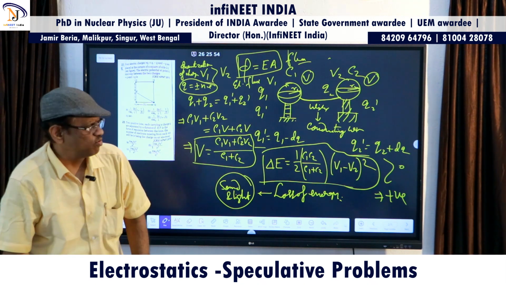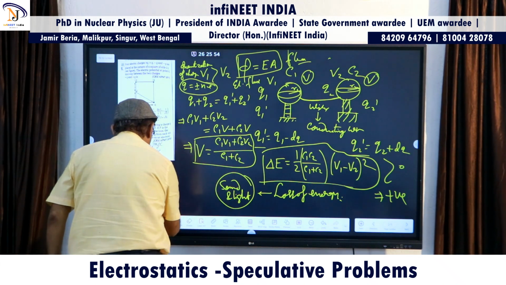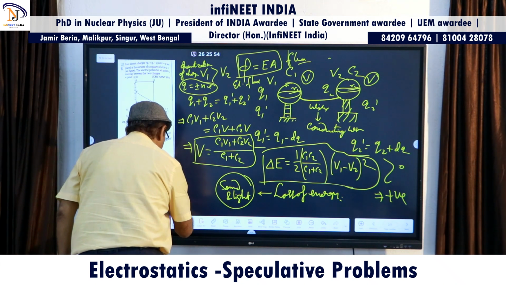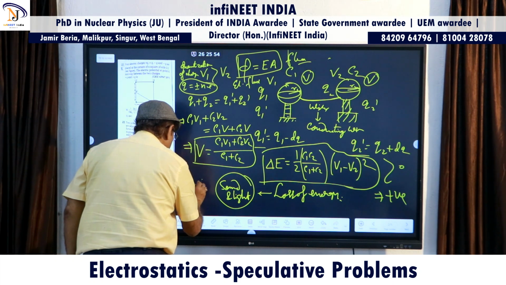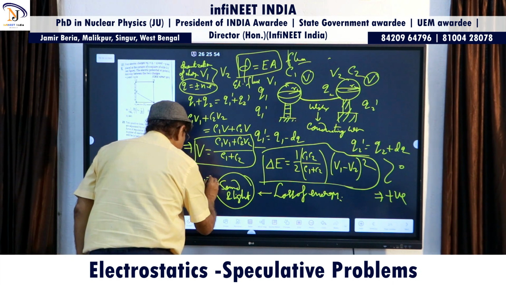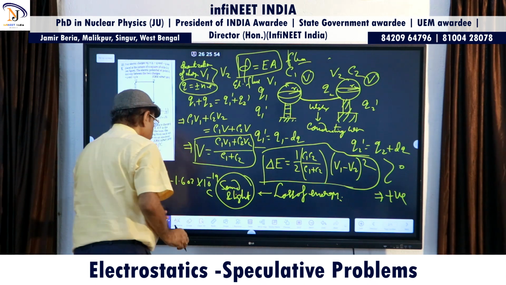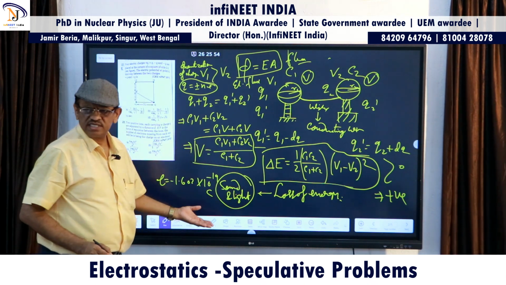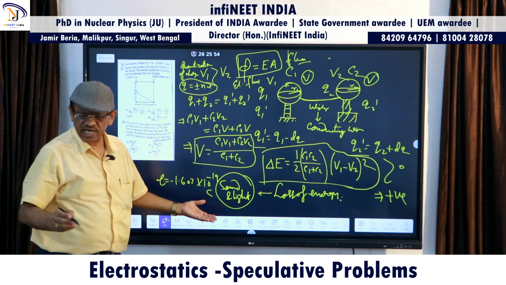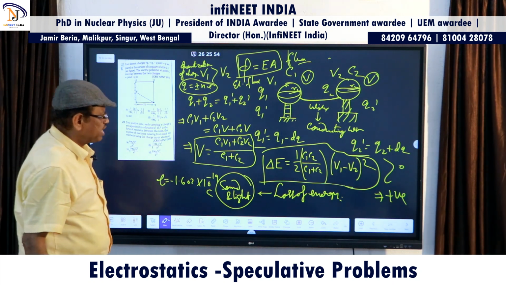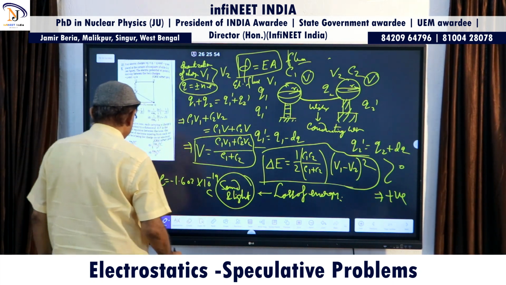The value of E equals minus 1.602 into 10 to the power minus 19 coulomb. So no charge is less than this. N cannot be a fraction. Take a note.